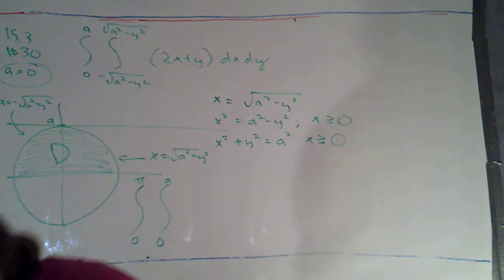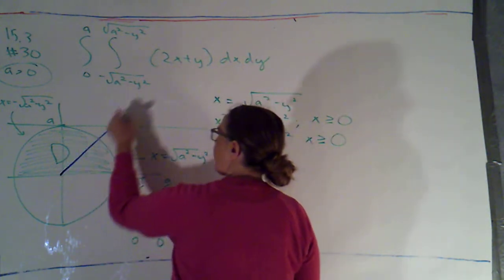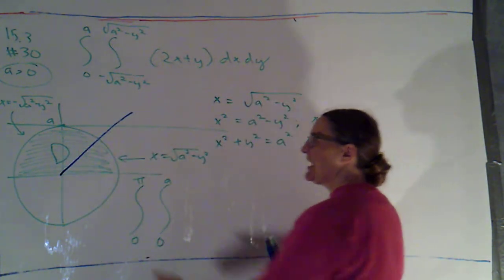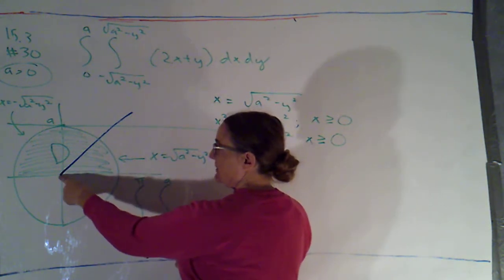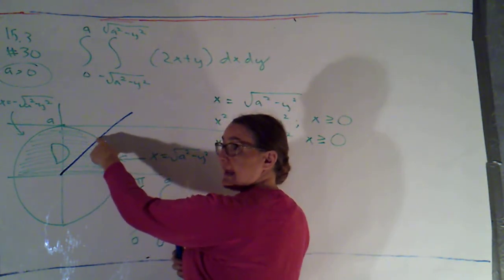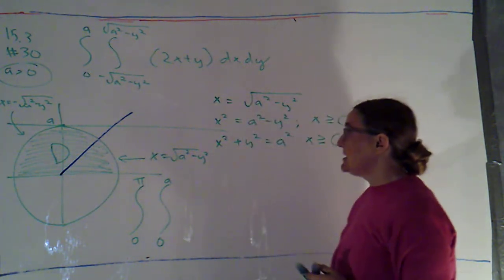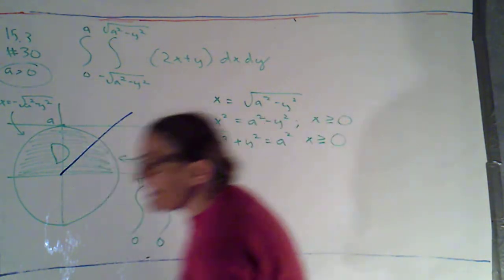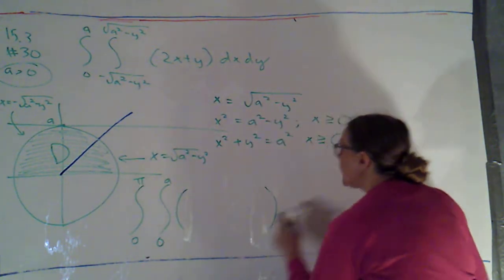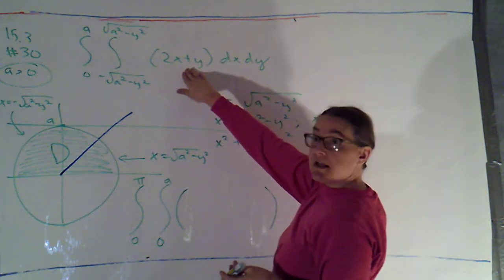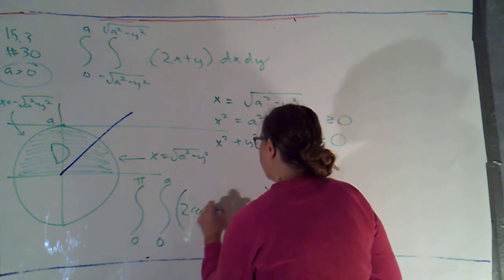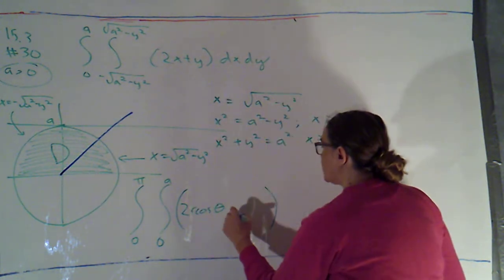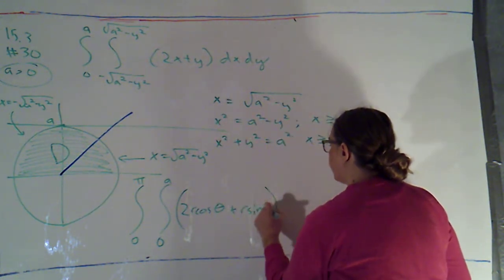Remember, we can visualize that by saying for each theta between 0 and pi, that's a constant theta ray. Where am I in D? Starting when r is 0 until I hit a, which is when we leave the region D. All right, so then I need to write my integrand in terms of r and theta. So x is just r cosine theta, and y is just r sine theta.